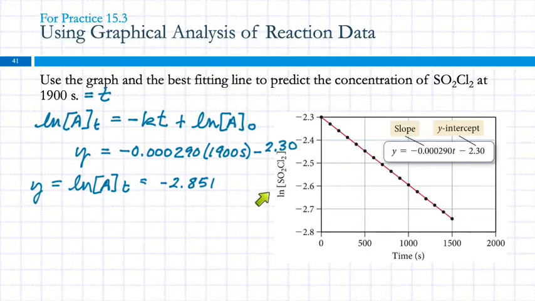Y is equal to the natural log of the concentration. So the natural log of the concentration is equal to this value. I need to undo the natural log. So the opposite of natural log is e to the x. So the concentration then is equal to e to the negative 2.851.